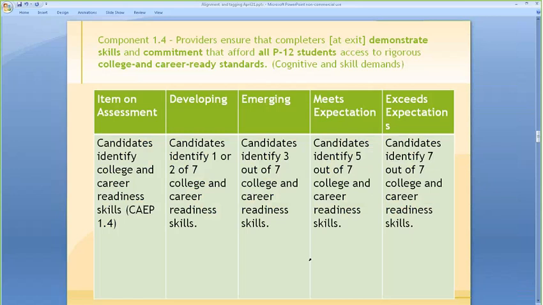And they're identifying 1 or 2, identifying 3, identifying 5 or more. So I'm not quite sure what this does to further our candidates' effectiveness as beginning teachers. Nonetheless, here is another assessment item. Let's see if this one is really touching on aligning with the cognitive and skill demands.